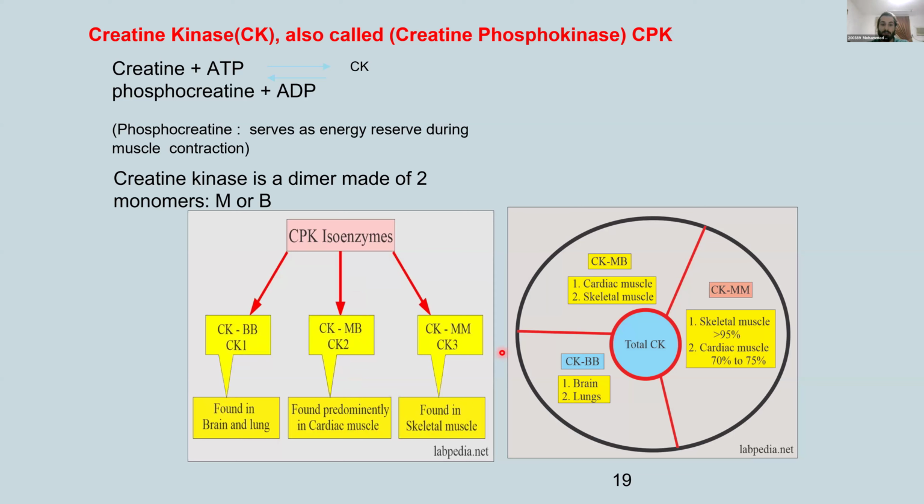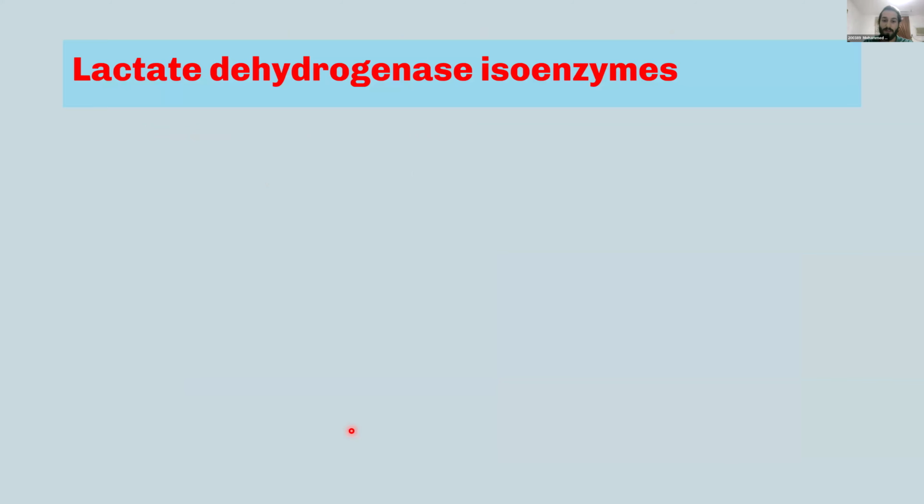This is the idea. As we move into the slides, you're going to think, okay, there are a lot of enzymes, and I have to memorize the specificity of each enzyme in each tissue. For example, here you have to memorize that CKBB is found in the brain and lung, and CKMB is found mostly in the cardiac muscle. As we go through the slides, you're going to see more examples of different isoenzymes and different organs.